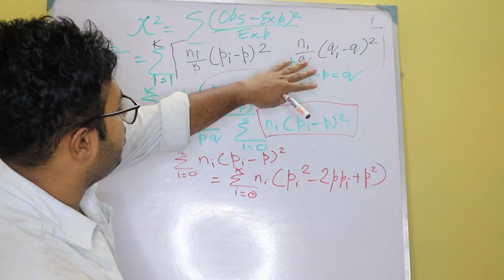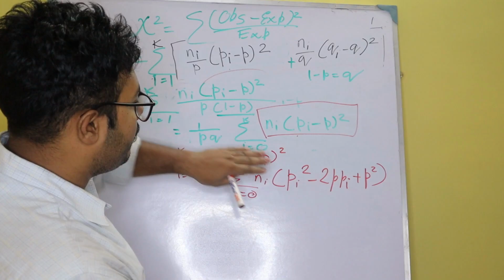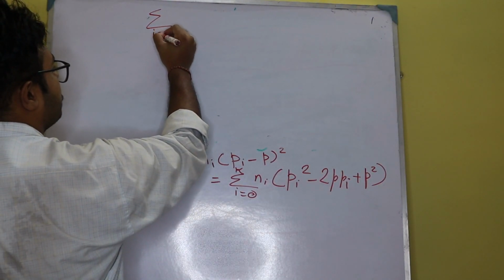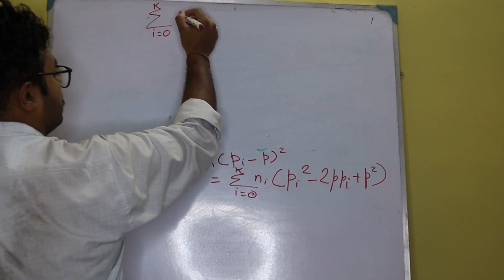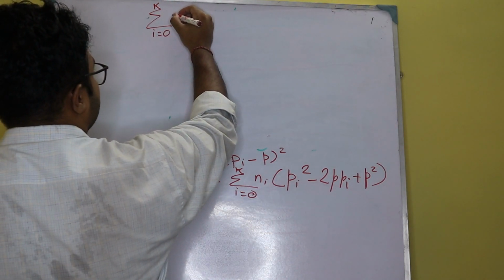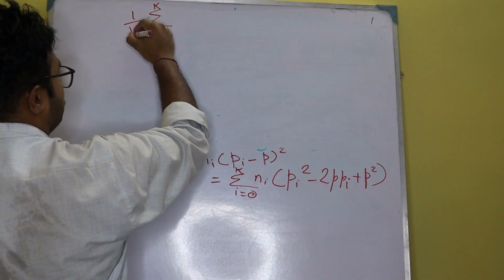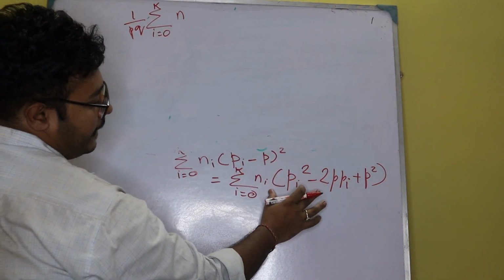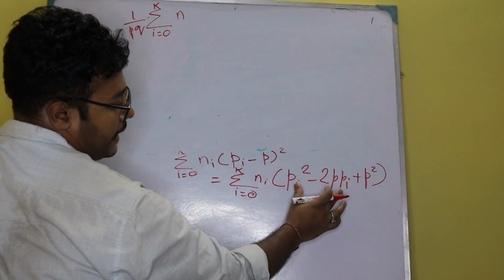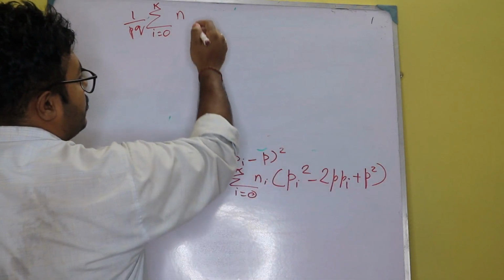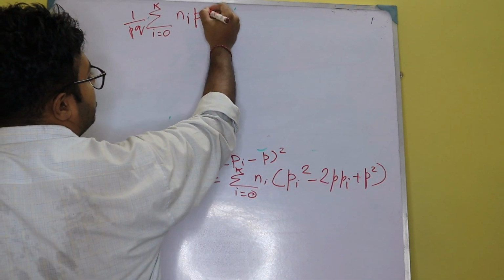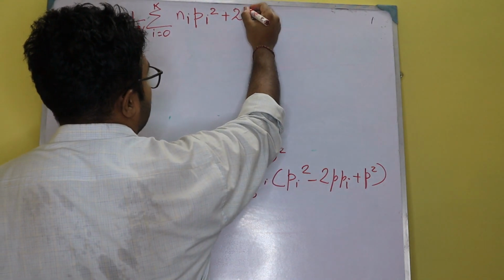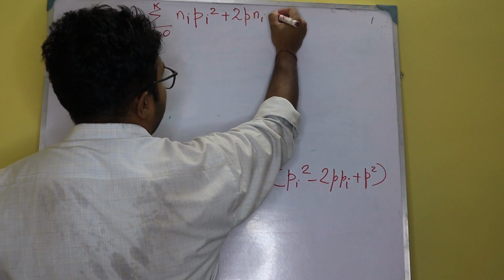So I am rubbing up the top part here and I will be showing this thing. See, I am multiplying ni with each and every element of this part. So what I get is ni pi square plus 2p pi ni.